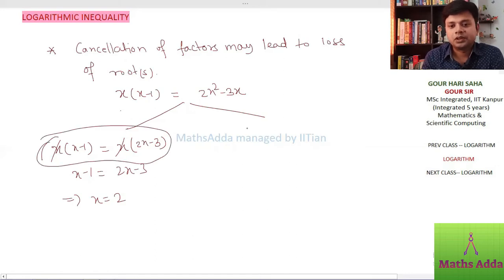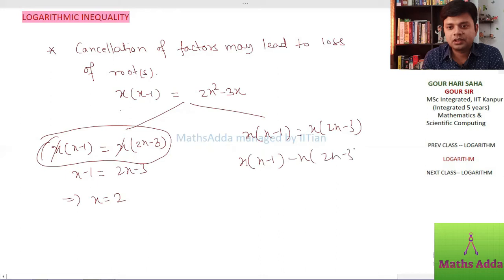Another method: x into x minus 1 is equal to x into 2x minus 3. Bring everything to one side, x into x minus 1 minus x into 2x minus 3 equal to 0. Take x common, x into x minus 1 minus 2x plus 3 equal to 0. x into minus x plus 2 equal to 0. x is equal to 0 or 2.